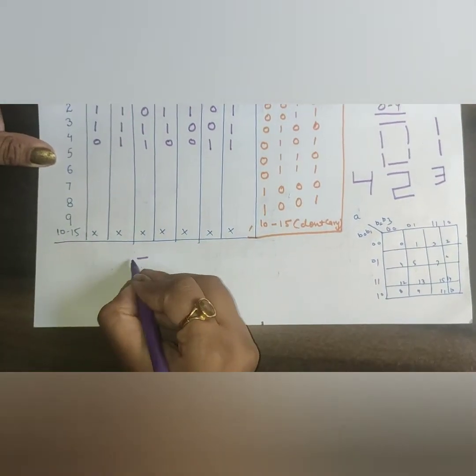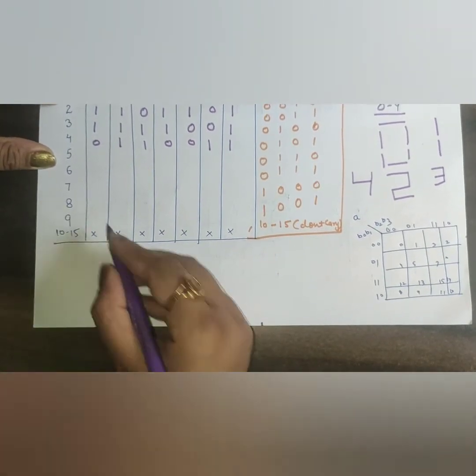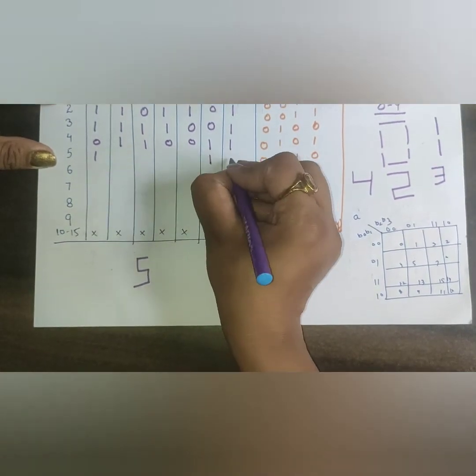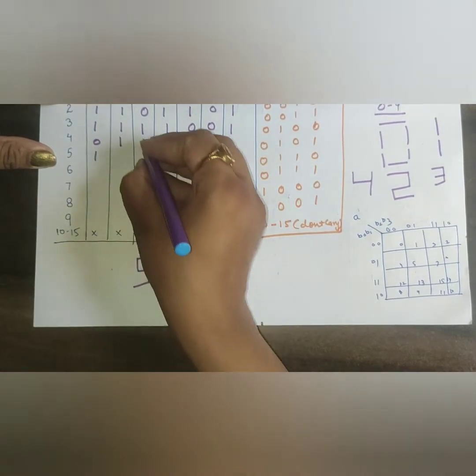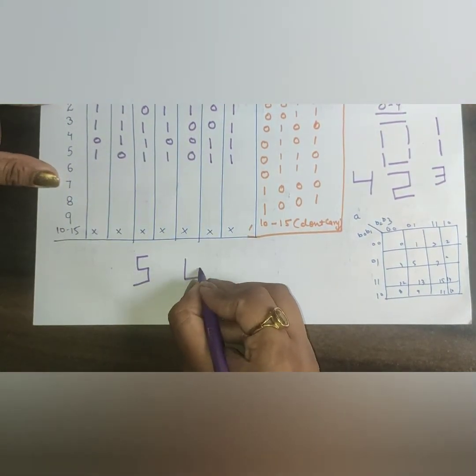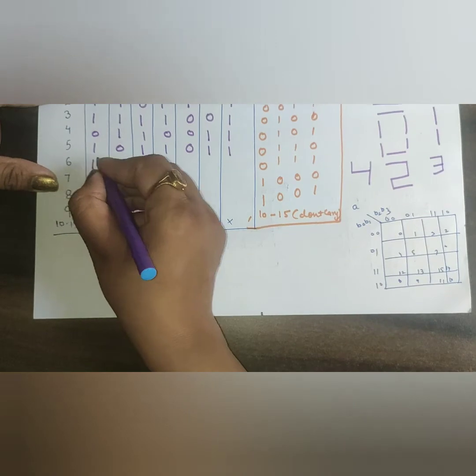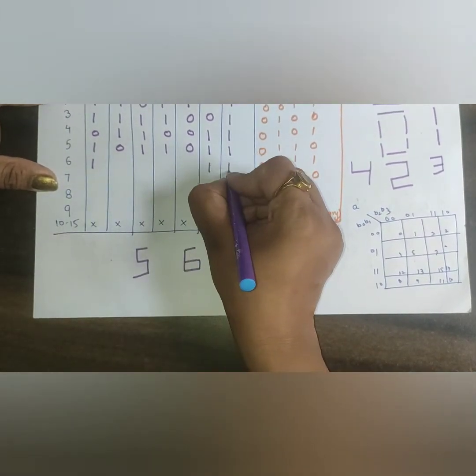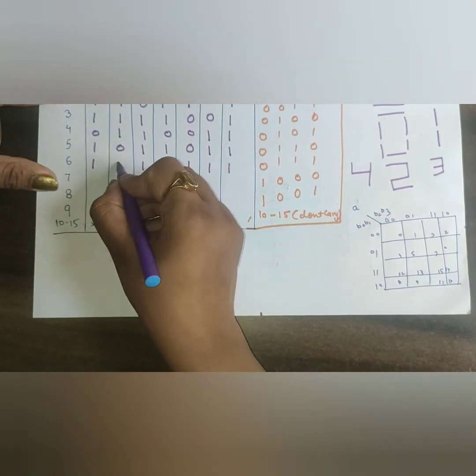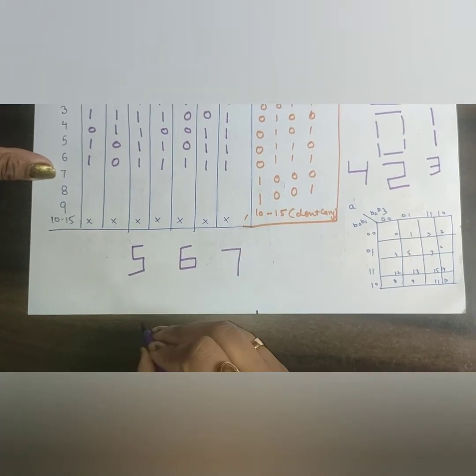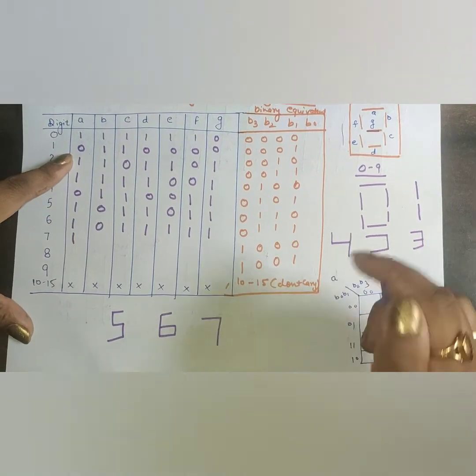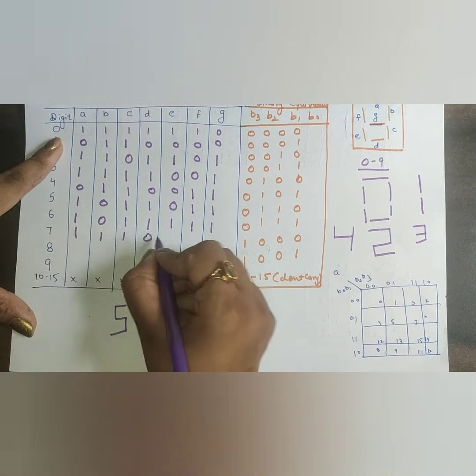Now 5 will be A 1, F 1, G 1, C 1 and D 1. The others are 0. Now 6 will be A 1, F 1, G 1, C 1, E 1 and D 1. B is 0. Now 7 will be like this: A 1 and B, C are 1, the others are 0.